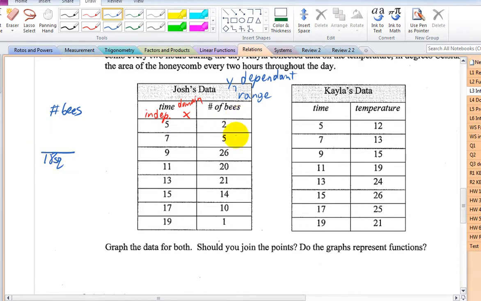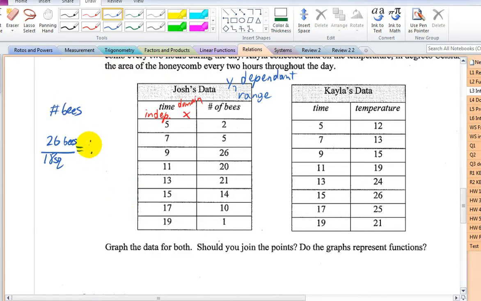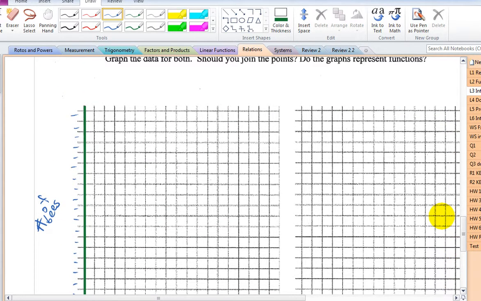The number of bees ranges from 1 to 26. So how many bees can we represent for each square? We go 26 divided by 18, and it's 1.44. So if each square is 1.44, that would take up our entire graph, which we want.